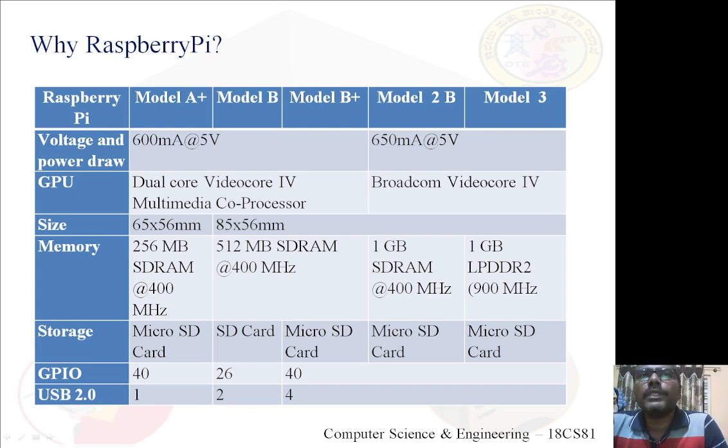Now, when I speak about GPU, Graphics Processing Unit, Model A Plus and Model B Plus have a dual core VideoCore 4 Multimedia Core processor, whereas Model 2B and Model 3 have a Broadcom VideoCore 4 processor.